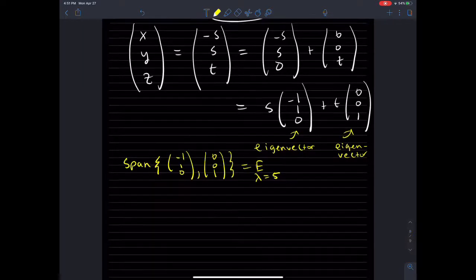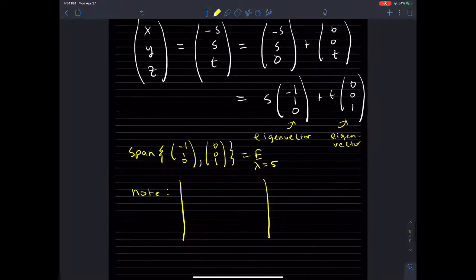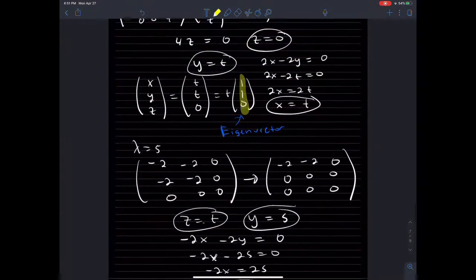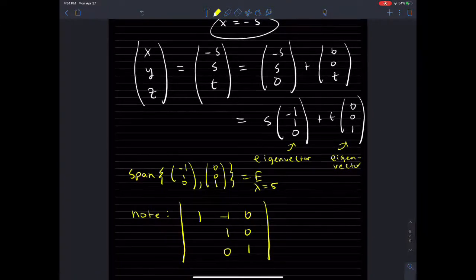And just a note here, putting all three of them together, we have three eigenvectors, right? Those are my second two, 0, 0, 1 and minus 1, 1, 0. My first one, I gotta go back and look, 1, 1, 0.